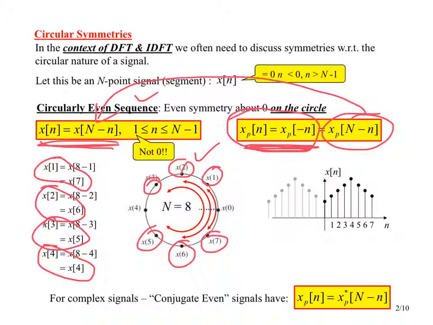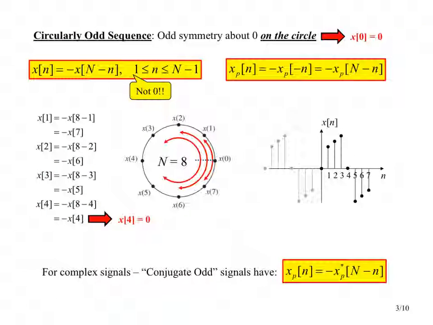So for complex signals, we could define conjugate even signals, and that just includes this conjugation. So this just extends the idea of an even sequence into these circular sets. And likewise, we have circular odd sequences.